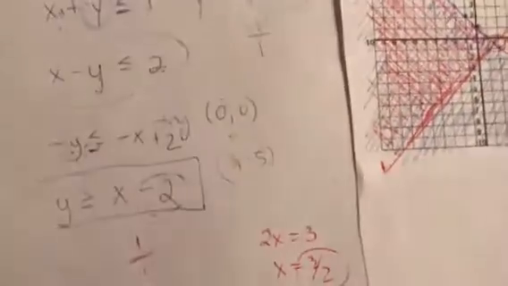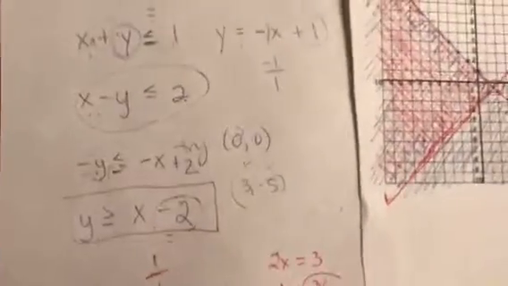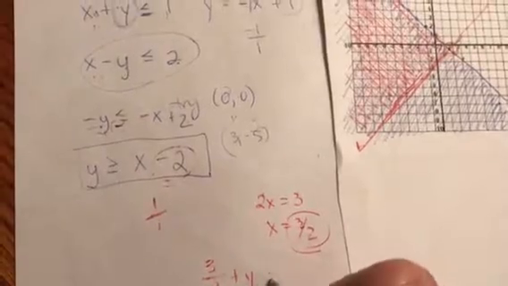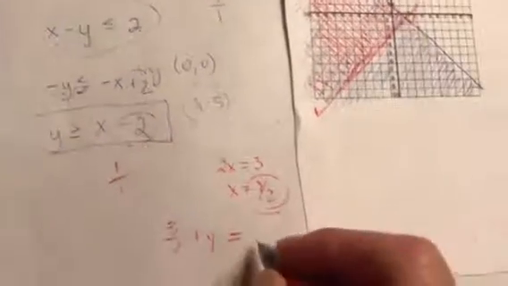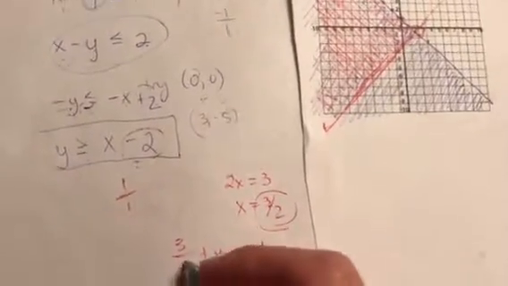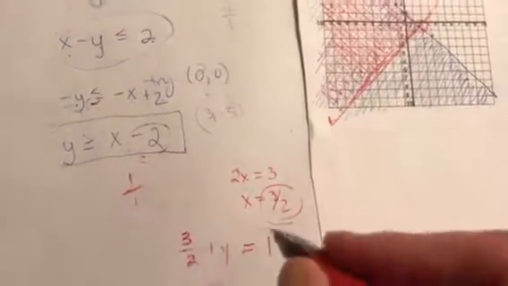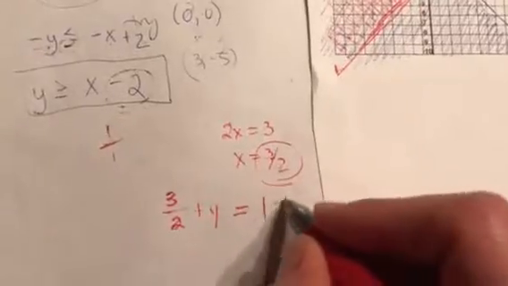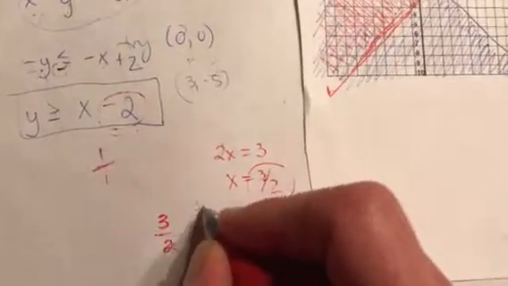I'm just going to use this first one. This says 3/2 plus y, and I'm going to pretend that it's equal to 1. You can use either equation because we're looking for that point of intersection. To get y by itself, I'm going to subtract 3/2 from both sides.